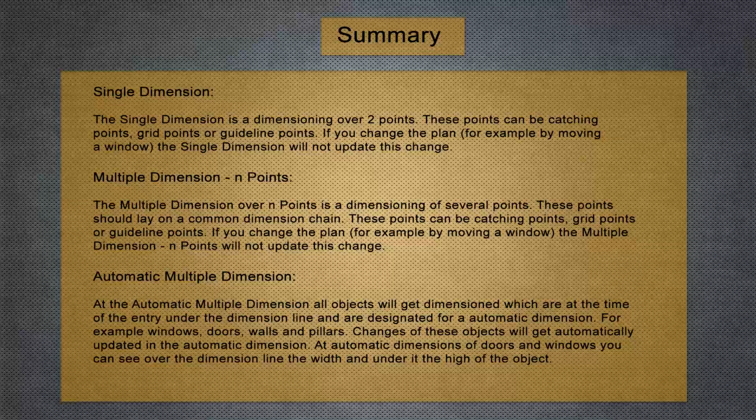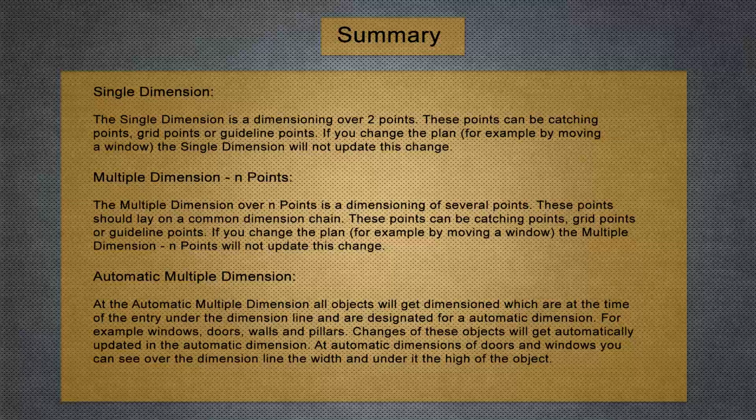The multiple dimension over endpoints is a dimensioning of several points. These points should lay on a common dimensioning chain. These points can be catching points, grid points, or guideline points. If you change the plan, for example by moving a window, the multiple dimension endpoints will not update this change.